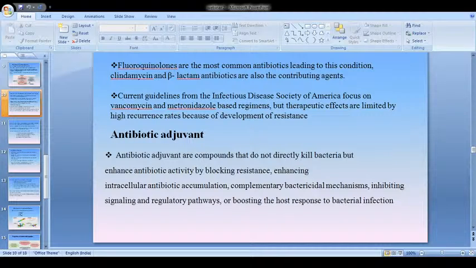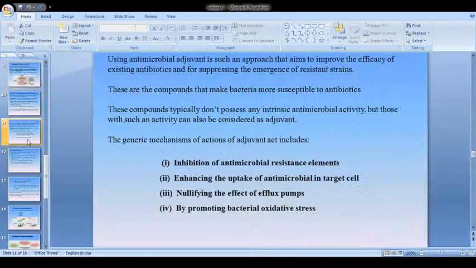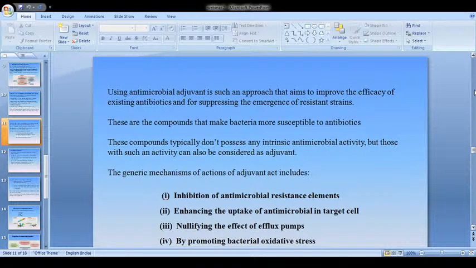And it will increase the effectiveness of the drug, and this process is more economical. By using these antimicrobial adjuvants, such approaches aim to improve the efficacy of the existing antibiotics and suppress the emergence of resistant strains.